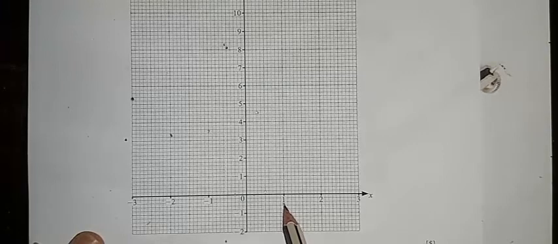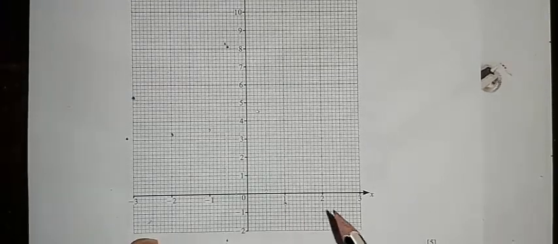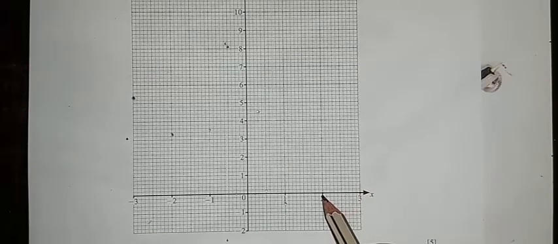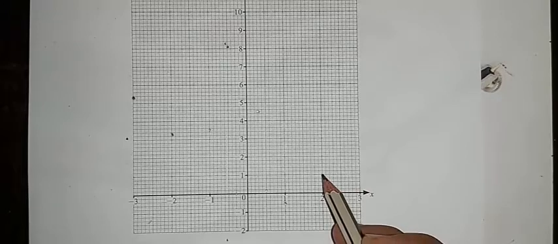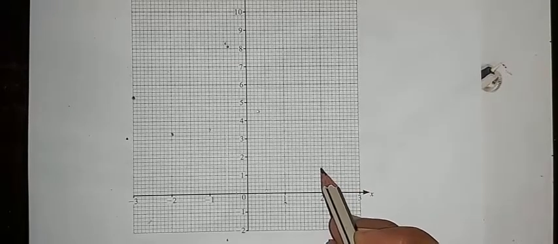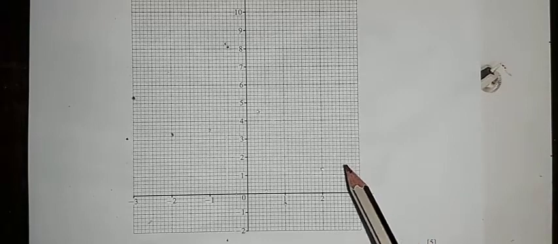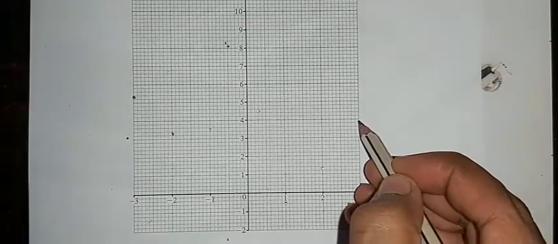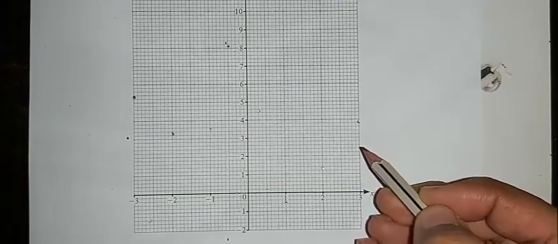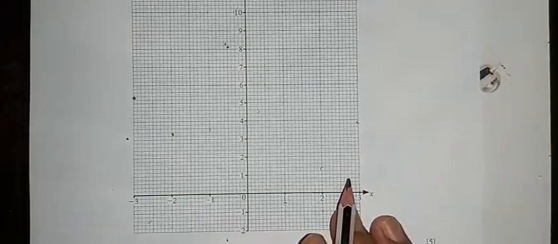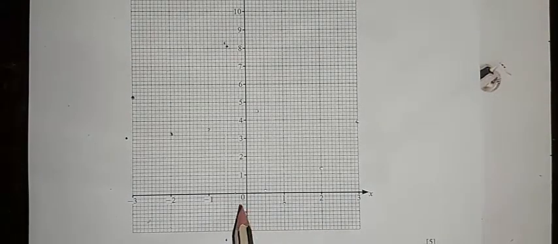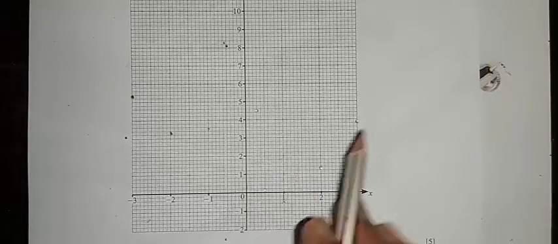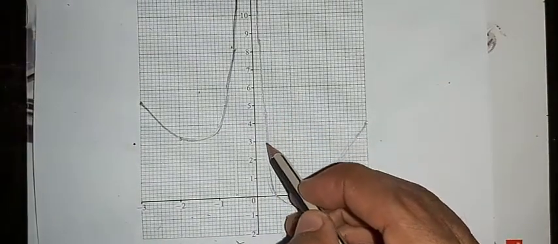The next point is 2 and 1.3, 1.3 is here. The last point is 3 and 3.9, 3.9 is here. Now we will make this graph of the question.